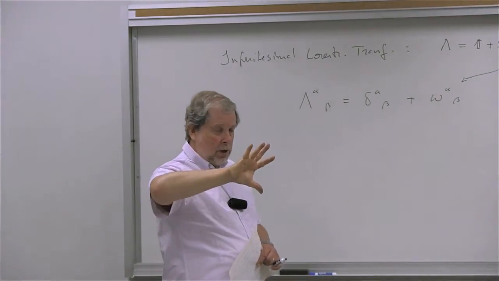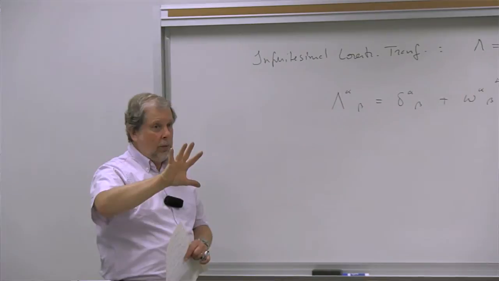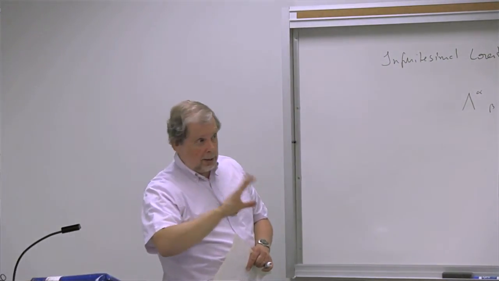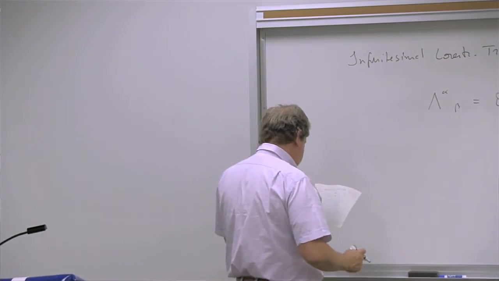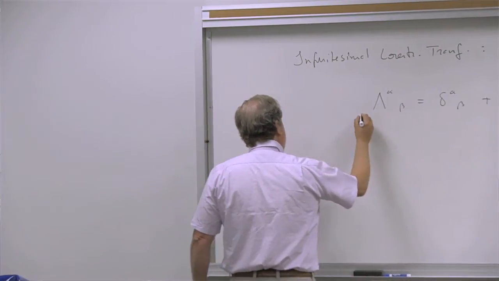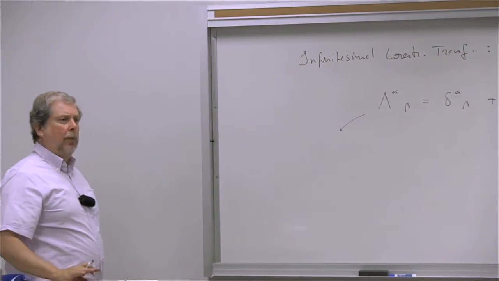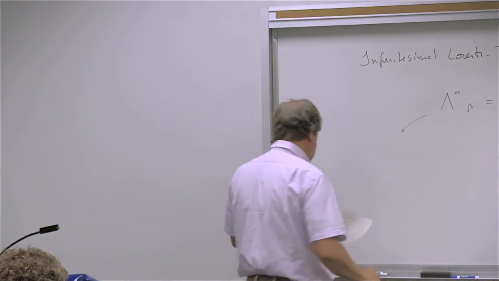That's a transformation where you just rotate the coordinate systems by a tiny bit, which corresponds, in the case of a Lorentz boost, to a small velocity increment. So now what we do know is that these lambdas have a certain property, which is basically the orthogonality in 4-dimensional Minkowski space-time.